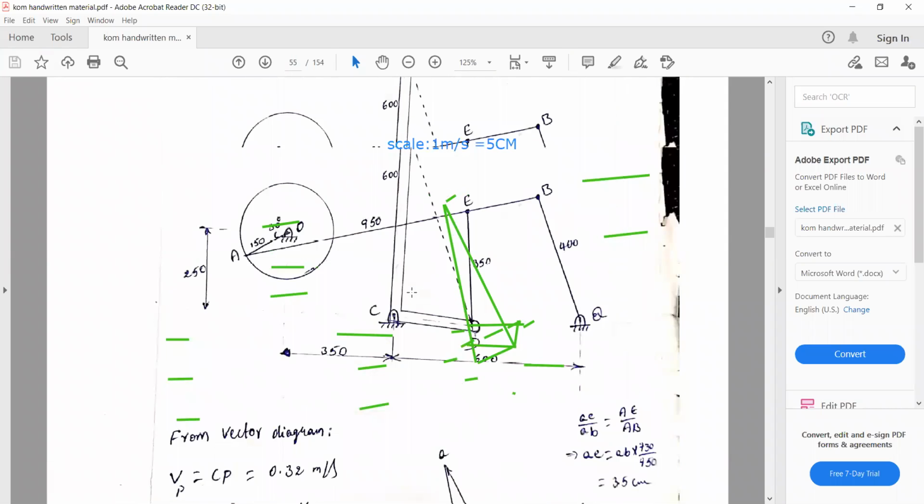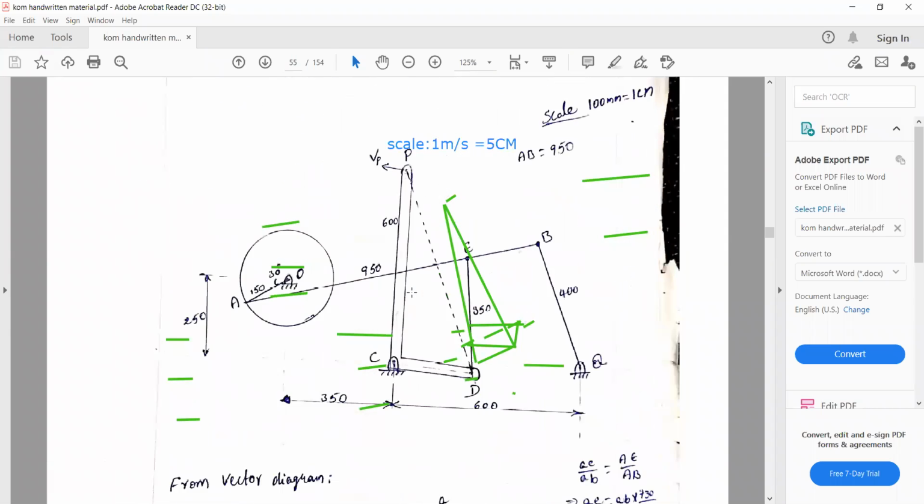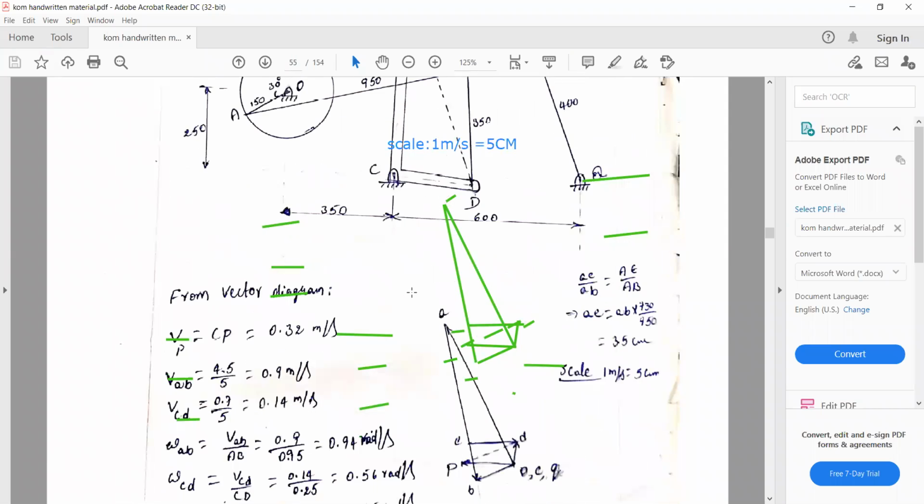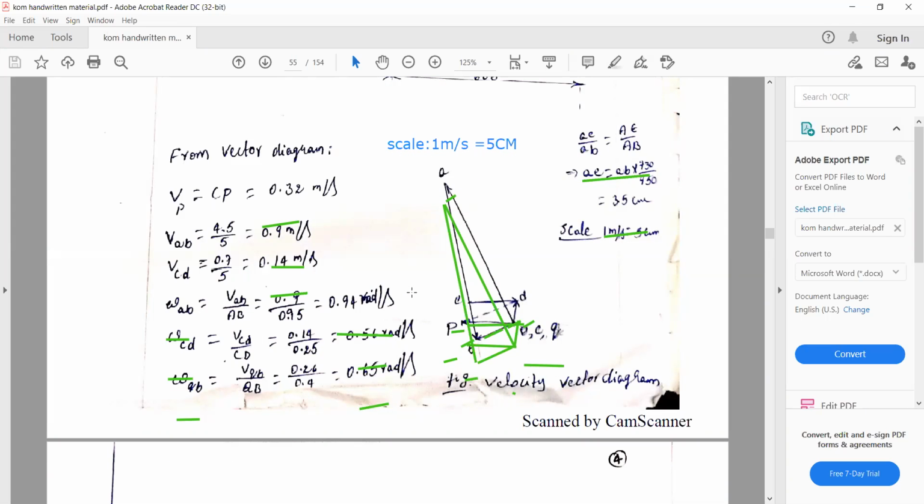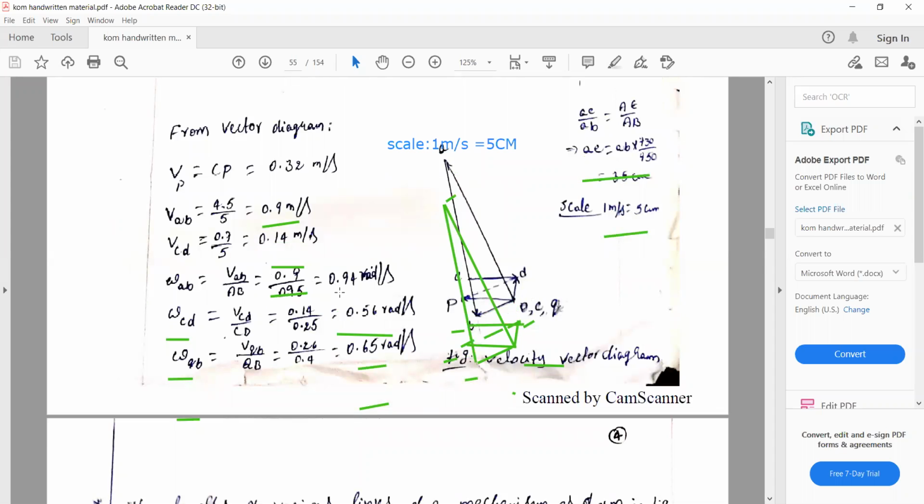The radius of the pin is 0.02. So 0.02 into 0.94. Then simply to find the velocity of rubbing at B, that is 0.94 into 0.02. So just calculate the value and identify our rubbing velocity at B. Okay.